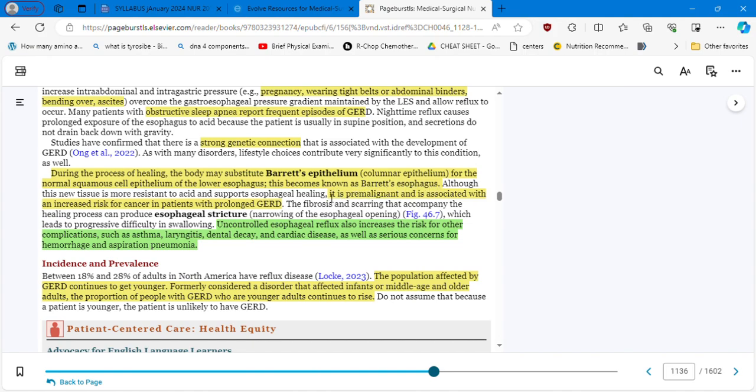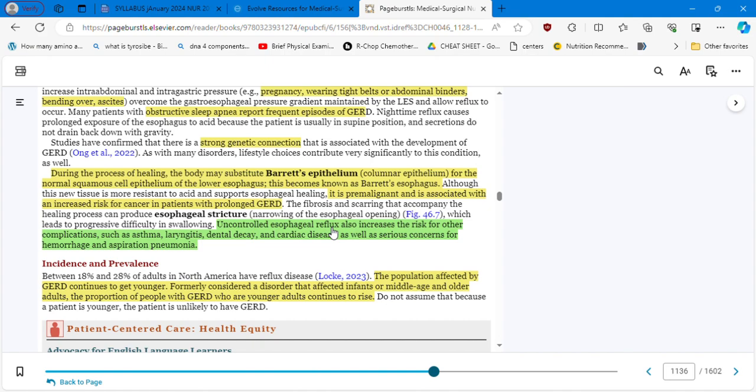So the fact that there are cells that belong to the stomach, and these cells are growing in the esophagus, that's very, very worrisome, because these cells are going to cause a risk for cancer in that area. It is premalignant, and it is associated with an increased risk for cancer in patients with prolonged GERD.